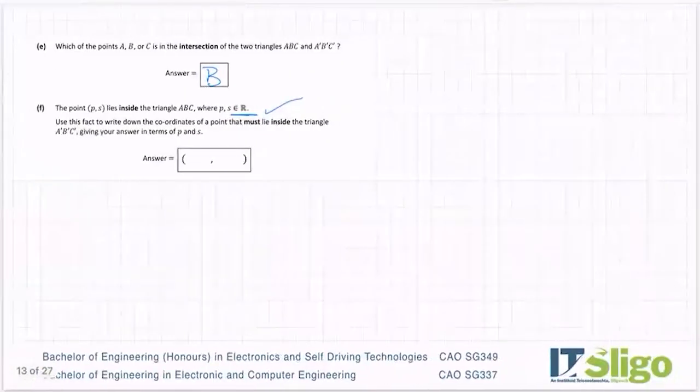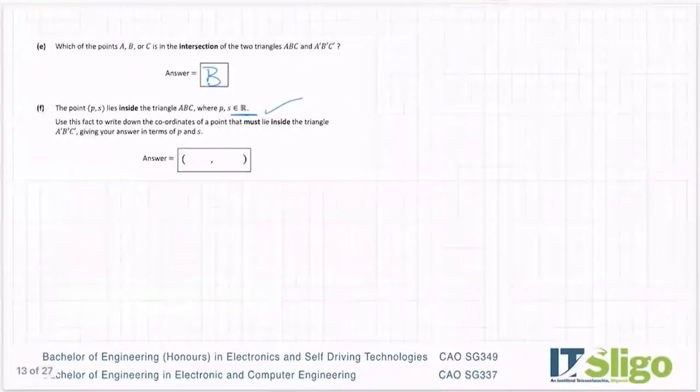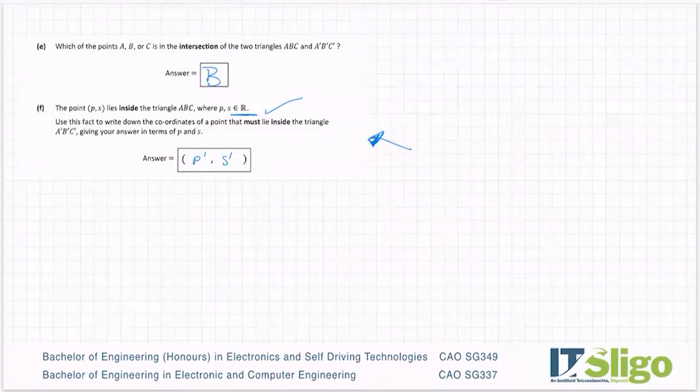And then it says, write the coordinates of the point in terms of p and s. p dash, s dash is how I would write that. Not 100% sure if that's what they're looking for in that particular one, but that's my take on it. So if anyone has anything different, do comment on the video. Let me know.